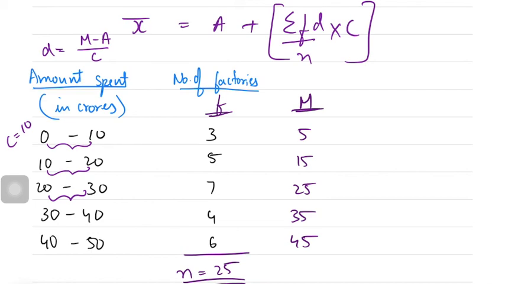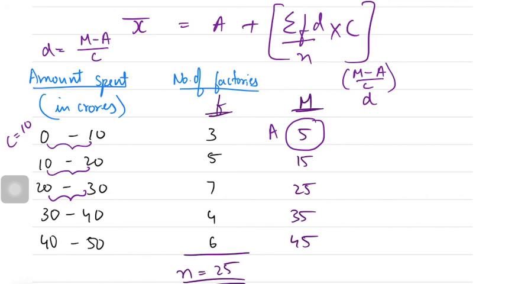M is the midpoint, and A you can take as any number. In this case also I'll take the first number as A. My next column is D, which is M minus A divided by C, and C is equal to 10 because the width of the class is 10. You can use this only if the width is the same, otherwise you cannot use this method.